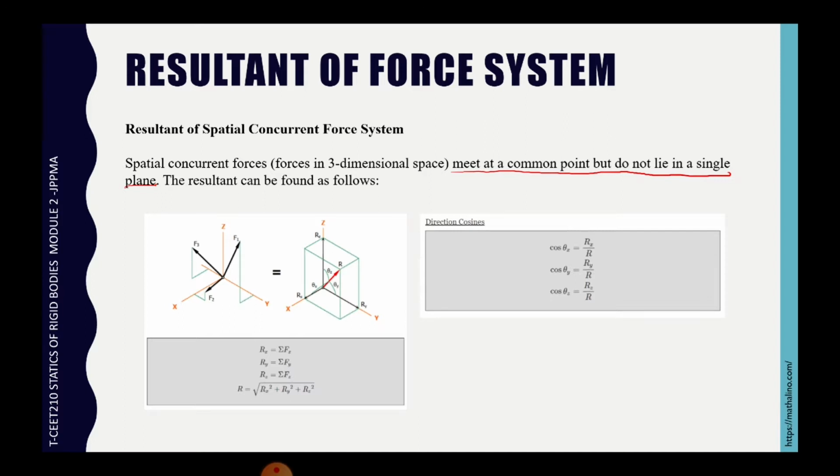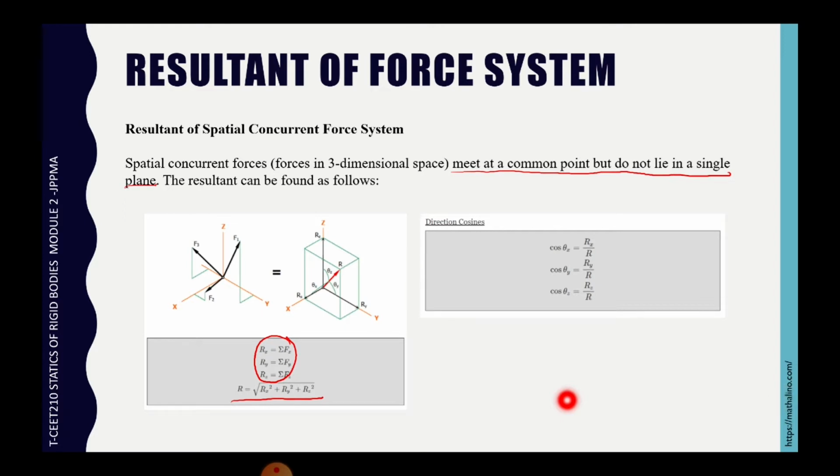So different plane siya. Meron kasing x, y, z na. So it means this is a three-dimensional space. Kaya x, y, z ang axis natin dito. Kaya magkakaroon tayo ng Rx, Ry, Rz. And ang magiging resultant natin, R is equal to square root ng Rx squared plus Ry squared plus Rz squared.